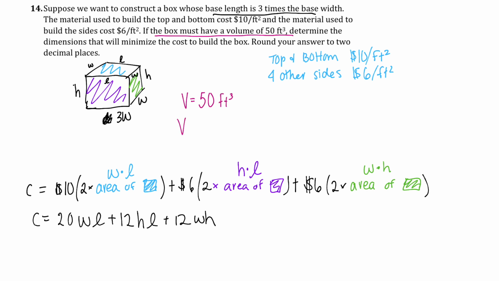The volume of a box is the length times the width times the height. We've already discussed that the length is 3W, right? That was right here. We have W and then H. So if the volume is 50, it's also equal to 3W squared H. Now it's going to be a tiny bit messy here.